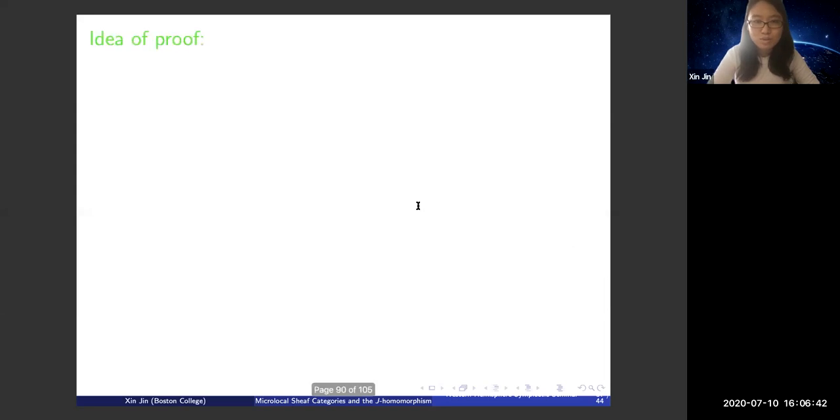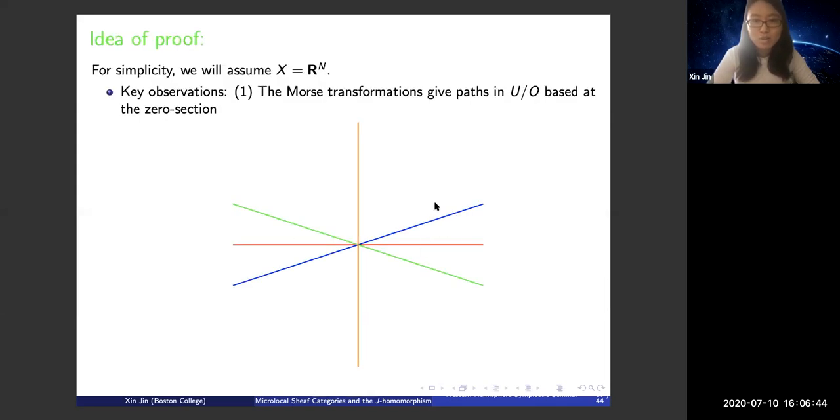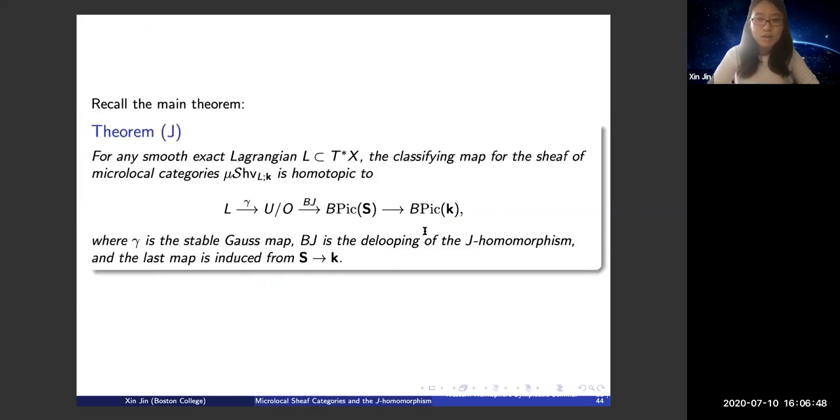So that's how many times you rotate. That's the Maslov class.